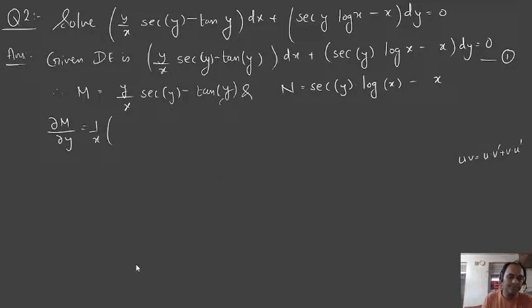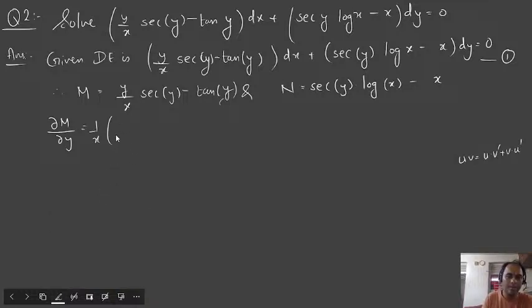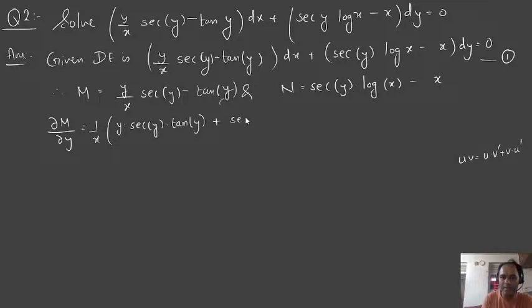So here you get y sec y tan y, and then there is sec y outside and into the y derivative, so you get 1 over here. This is the derivative of the first portion, and tan y derivative is sec square y.